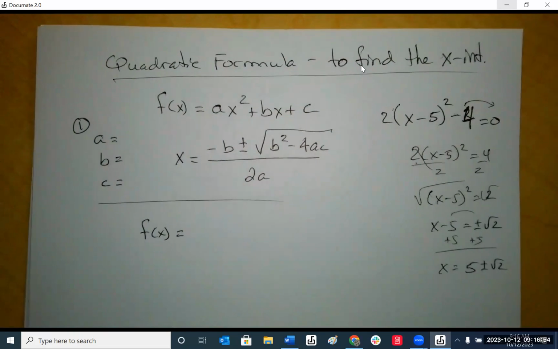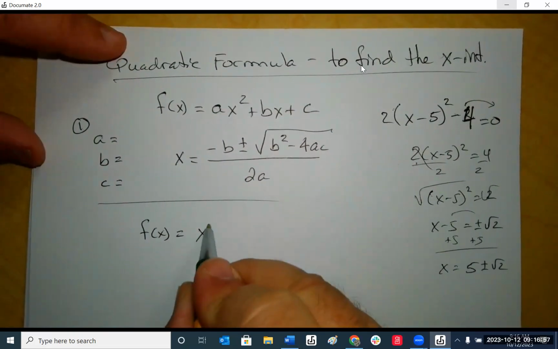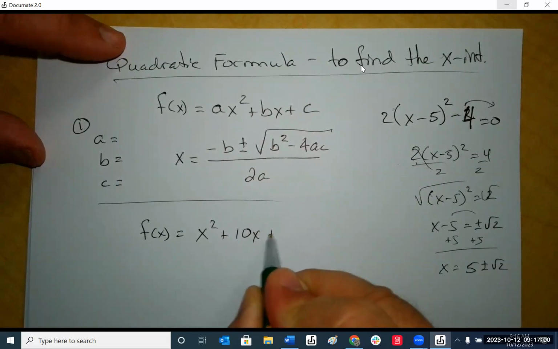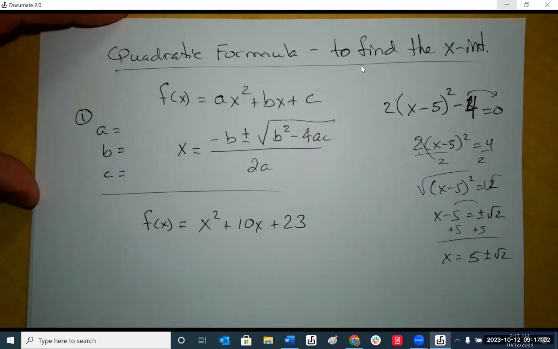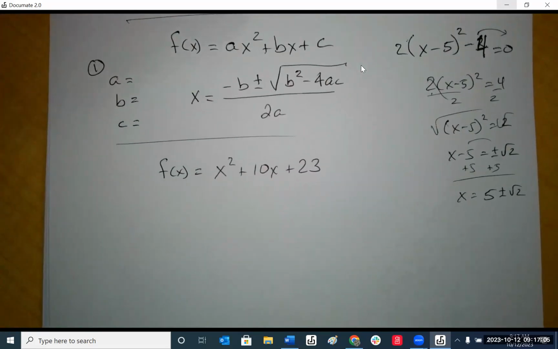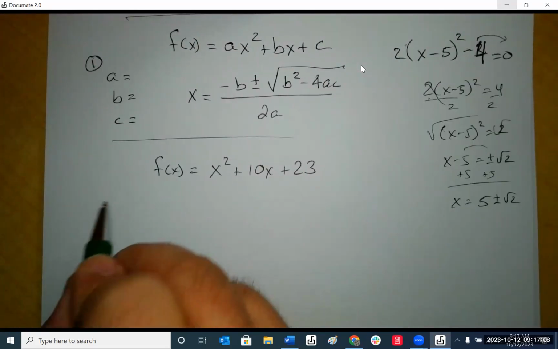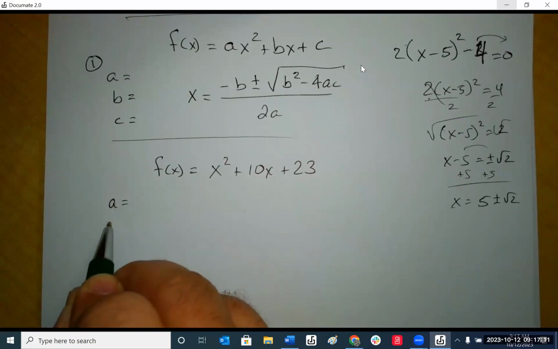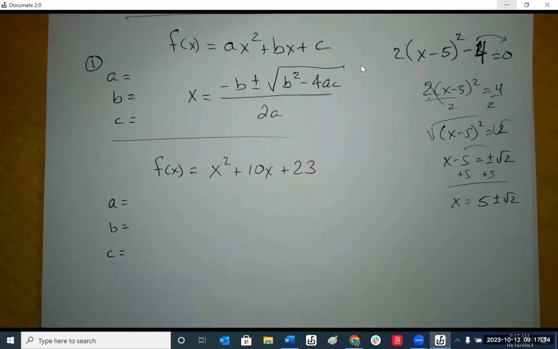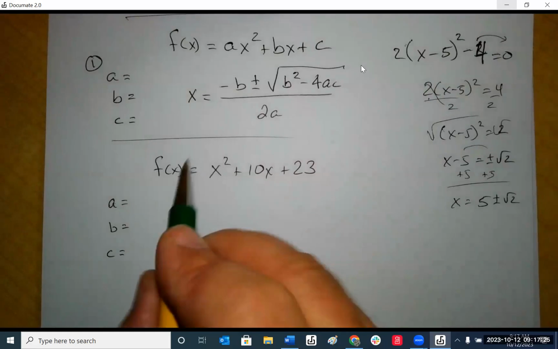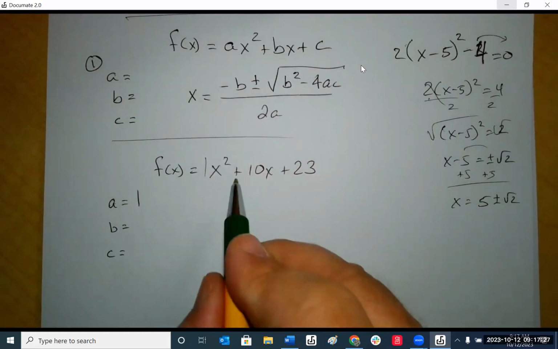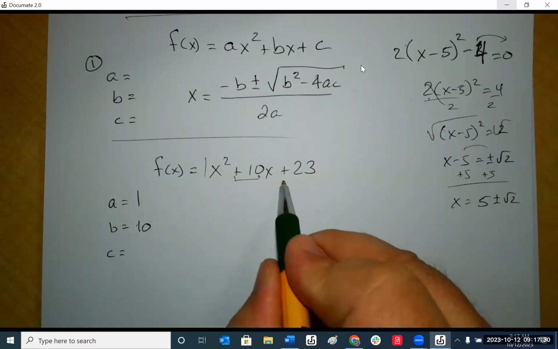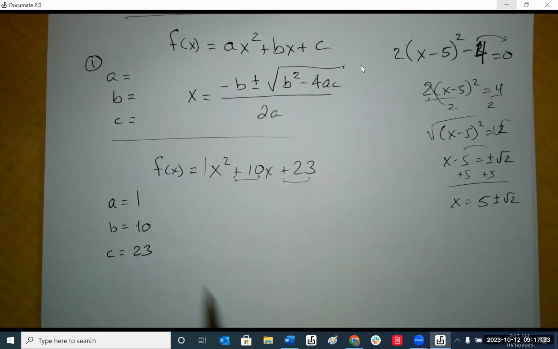So we'll use the same example we had last time. It's x squared plus 10x plus 23. So first step, let's label A, B, and C. A is positive 1, B is positive 10, and C is positive 23.